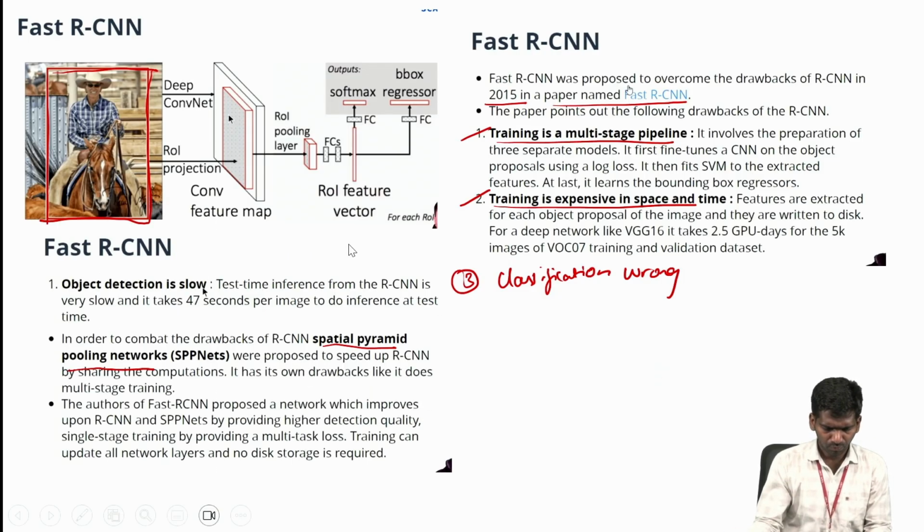We are using spatial pyramid pooling networks to speed up RCNN. We are using this technique to overcome the drawbacks of RCNN. The authors of RCNN themselves developed this Fast RCNN.